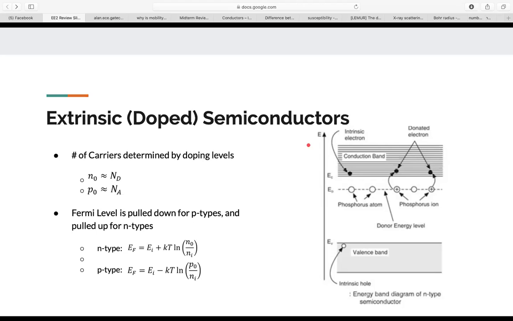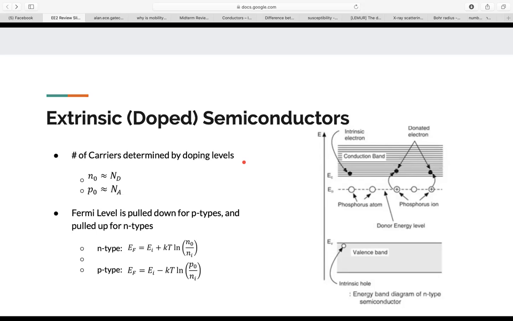Yeah. And then the NP product always applies, because if you increase the amount of men by a factor of 10, then you expect the amount of available women to also decrease by a factor of 10. So if you're given the ND, the number of donors, the ND stands for donors and the NA stands for acceptors.